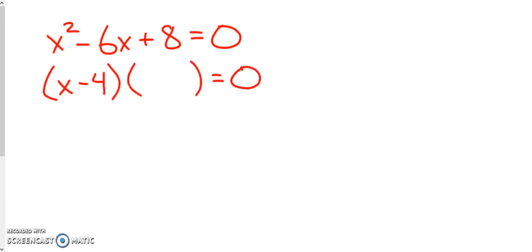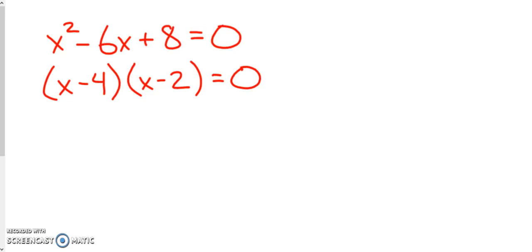So -4 and -2 multiply to give you +8, and add to give you -6. Yay for the magic pen.